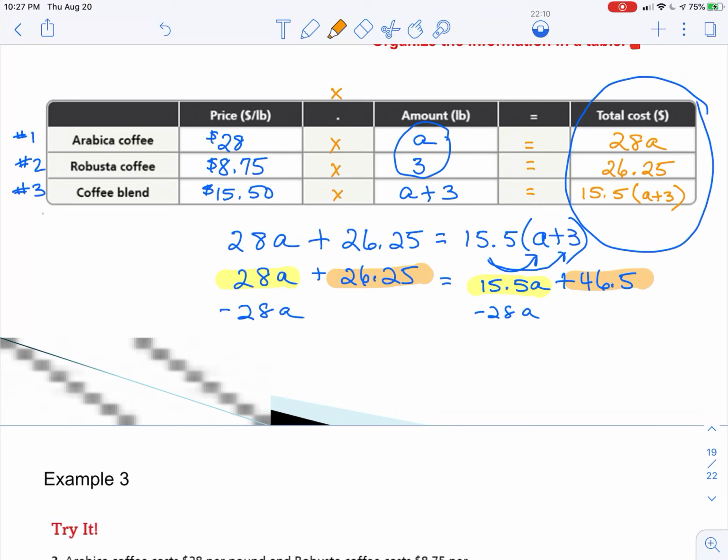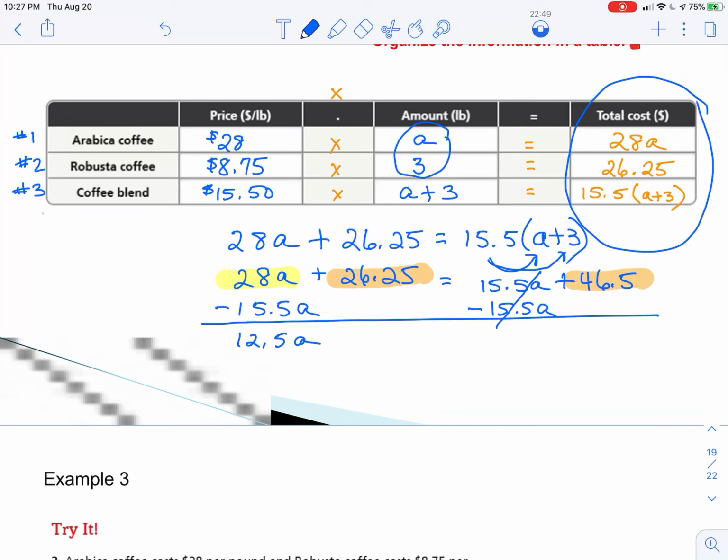However, if it's possible, I always like to try to end up with my variable term being positive in the end, which means I would actually subtract 15.5A from both sides, because that's going to give me a positive term over here on the left-hand side. 15.5A minus 15.5A, that's going to cancel itself out. In your calculator, you can stick in 28 minus 15.5, and you're going to end up with 12.5A.